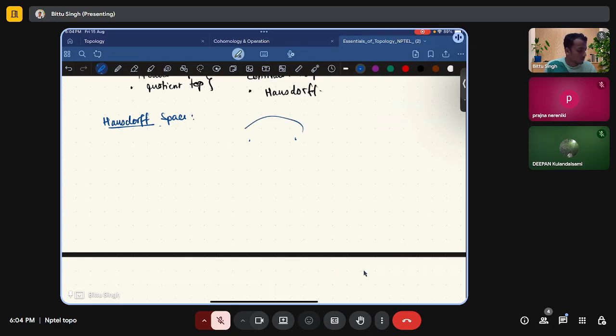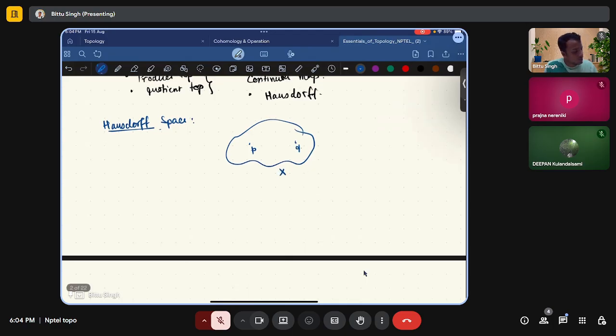Suppose 2 points are given, P and Q, in the space X. If we can separate them by disjoint open sets around P and around Q, say UP and UQ, then we'll call it Hausdorff.